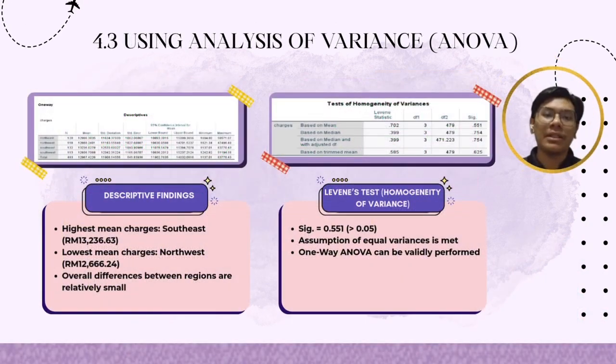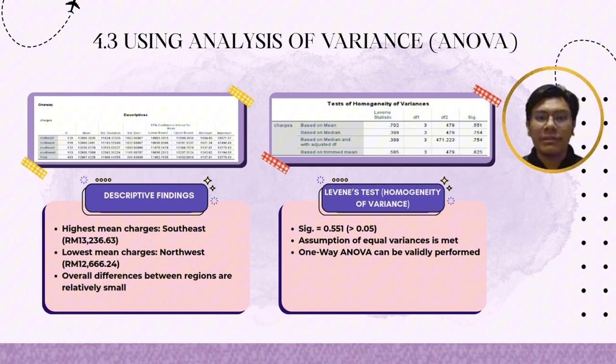Based on the descriptive analysis, the Southeast region recorded the highest average medical charges at RM13,236.63, while the Northwest region recorded the lowest average at RM12,666.24. However, the differences between the regions are relatively small overall.